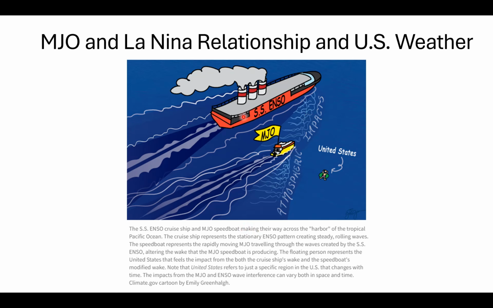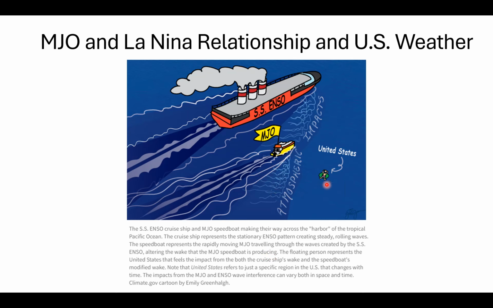The cruise ship is representing the more stationary El Nino Southern Oscillation, and ENSO could be La Nina or El Nino in this case. So this is basically your cruise ship stationary ENSO pattern, creates these rolling waves. The speedboat represents the rapidly moving Madden Julian oscillation, MJO, traveling through the waves created by this bigger vessel, the SS ENSO, and that alters the wake the MJO speedboat is producing.